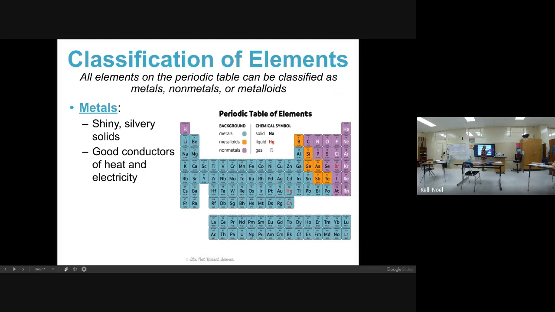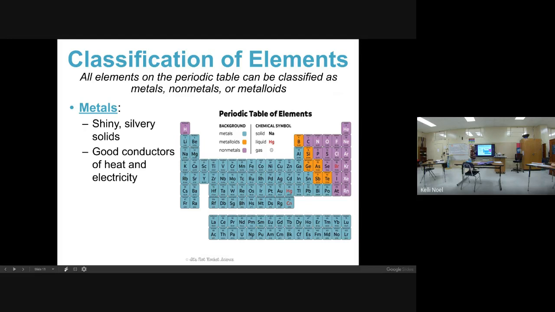Then in 3A, you would shade aluminum down. In 4A, you would shade tin and lead. And in 5A and 6A, bismuth and polonium. And then the 2 rows that are by themselves, you would shade one color. That would be your metals.